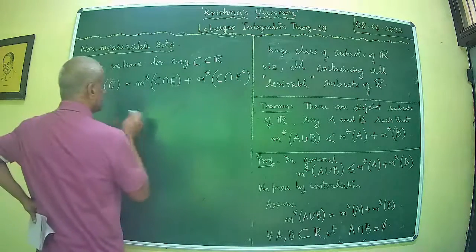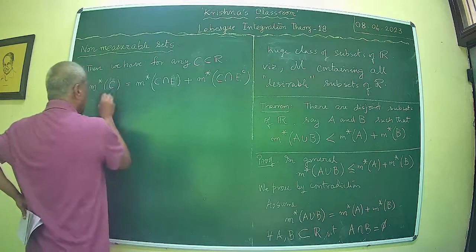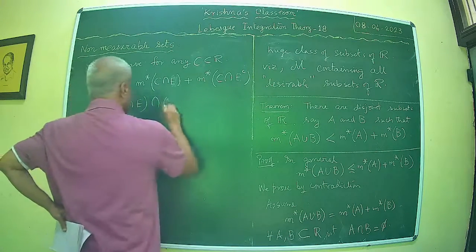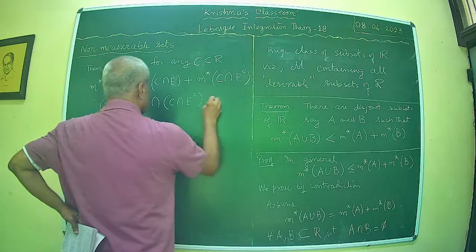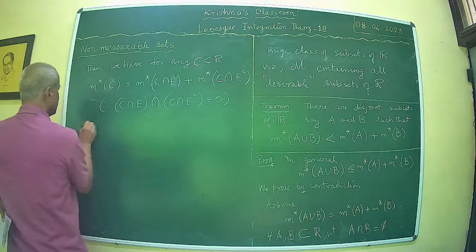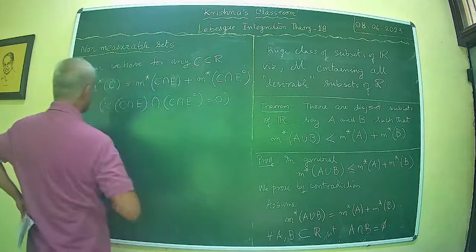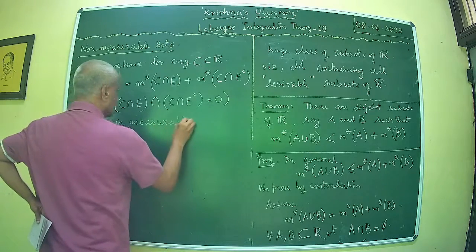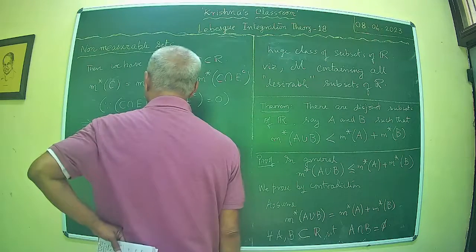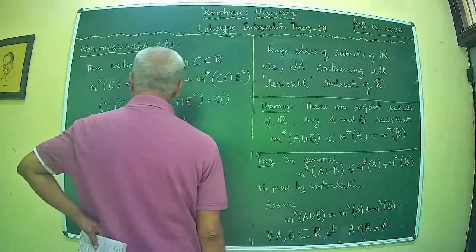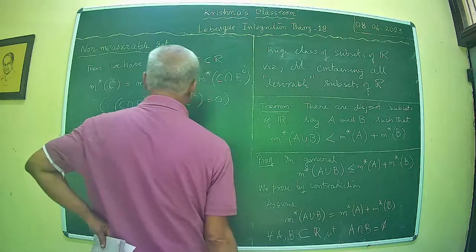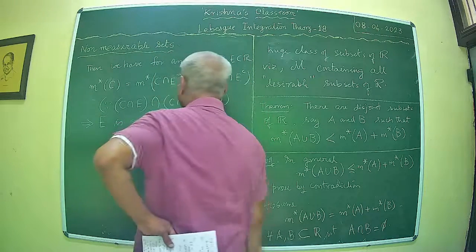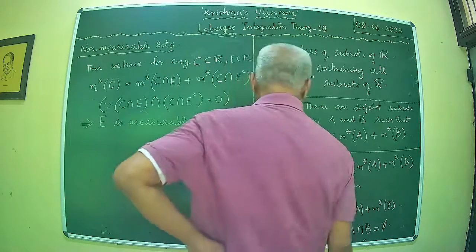now you see that since C intersection, what does this mean? This implies that he is measurable.